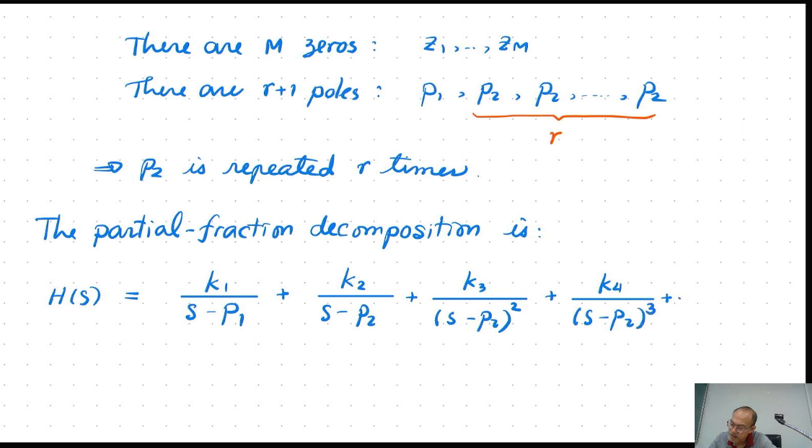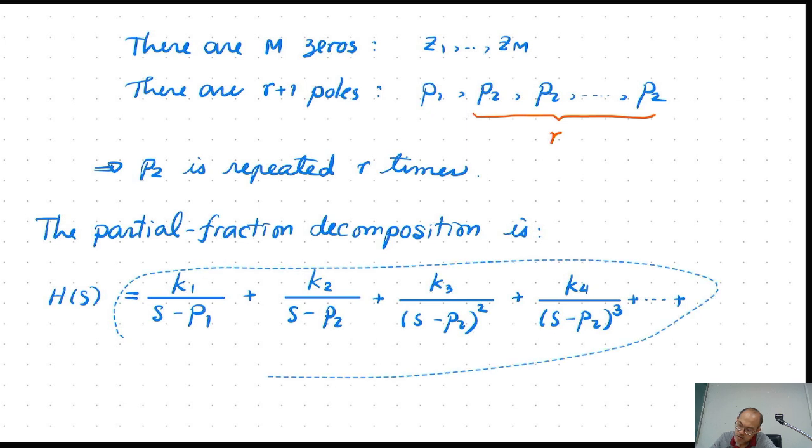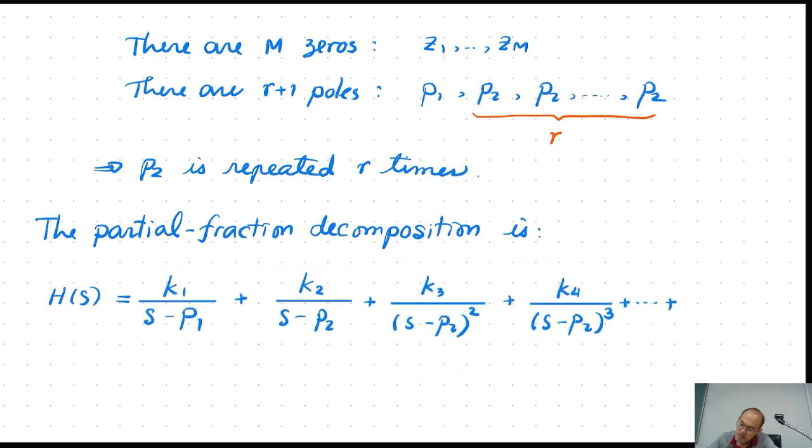Then you add terms repeatedly until you reach the last term, which is K(r plus 1) over (s minus p2) to the r. And this will be your partial fraction decomposition when there are repeated poles.